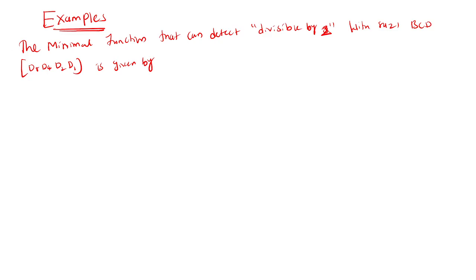BCD range is from 0 to 9 only. First, identify the number of inputs and outputs. Inputs are 4 and outputs are 1.